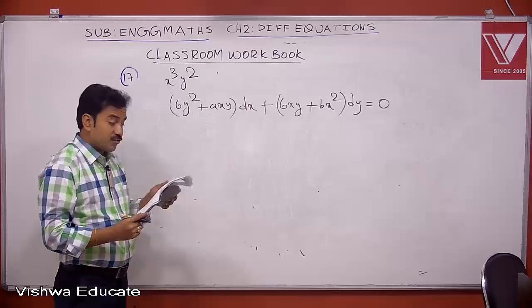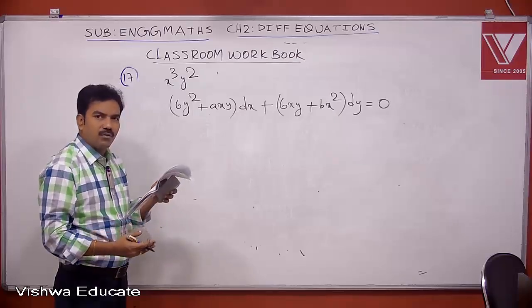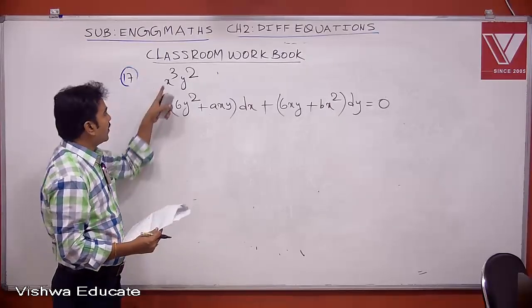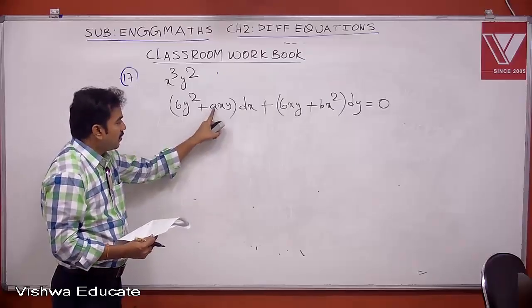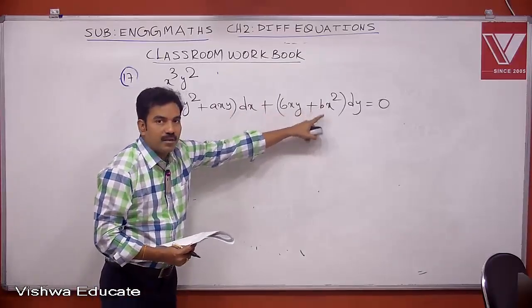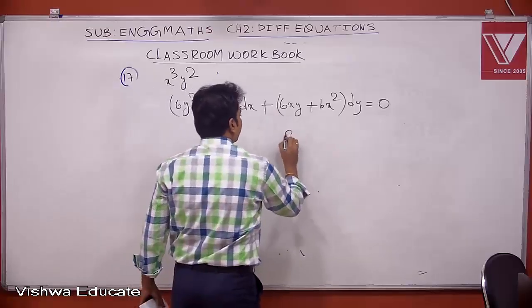First option 3a minus 5b equal to 0, 3a plus 5b equal to 0, like this. Whenever this is an integrating factor of this equation, they are asking what is the relation between constant a and constant b. Here a, b are constants.